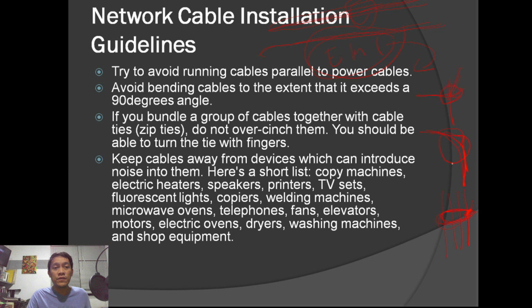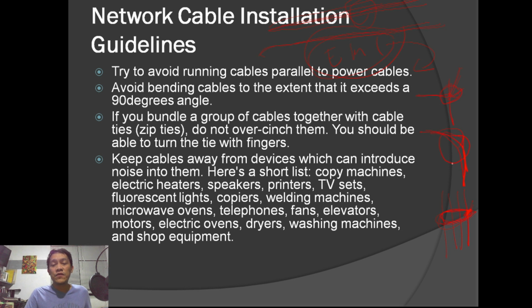So number 4 is keep cables away from devices which can introduce noise into them. Here's a short list: copier machines, electric heaters, speakers, printers, TV sets, fluorescent lights, welding machines, microwave ovens, telephones, fans, elevators, motors, electric ovens, dryers, washing machines, and shop equipment.